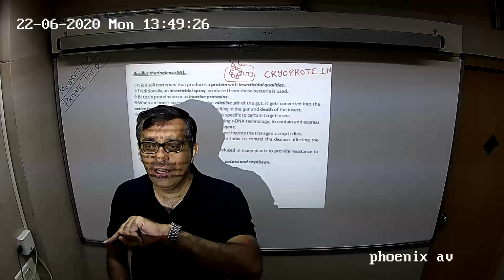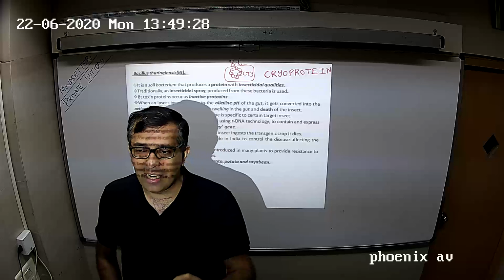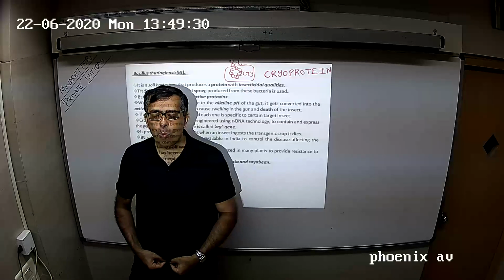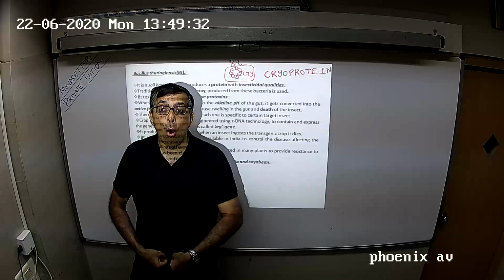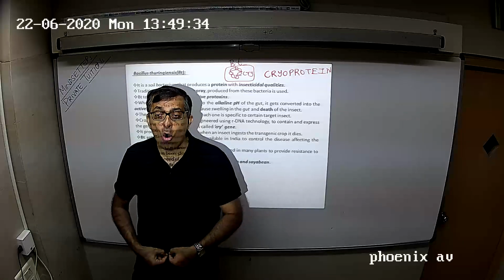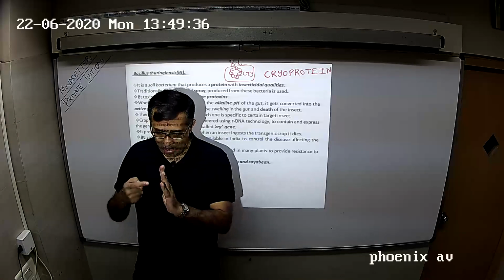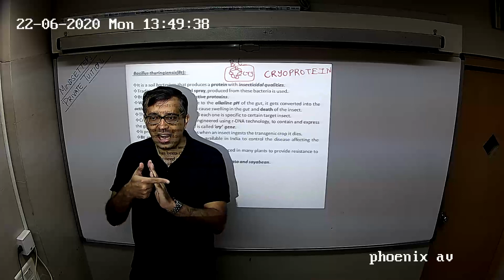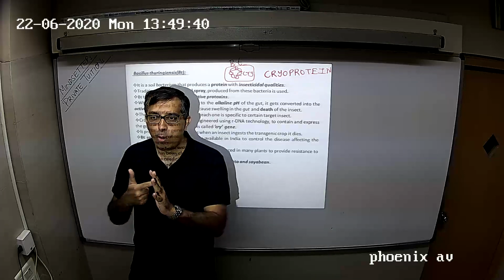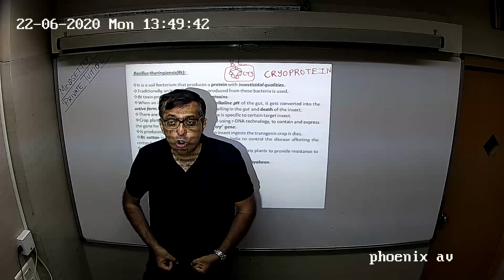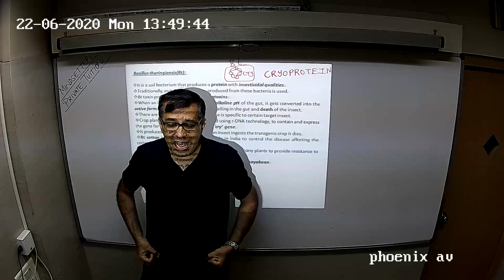So inactive becomes active cryoprotein, and active cryoprotein makes holes, pores in the intestine. तो intestine में pores होने लगते हैं, and as intestine में pores हो जाते हैं, absorption of food will not take place.